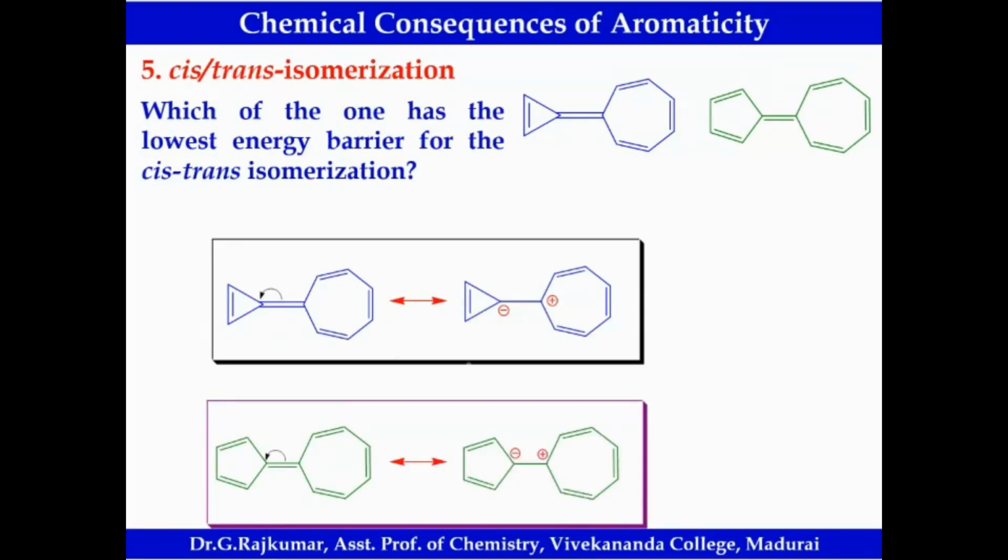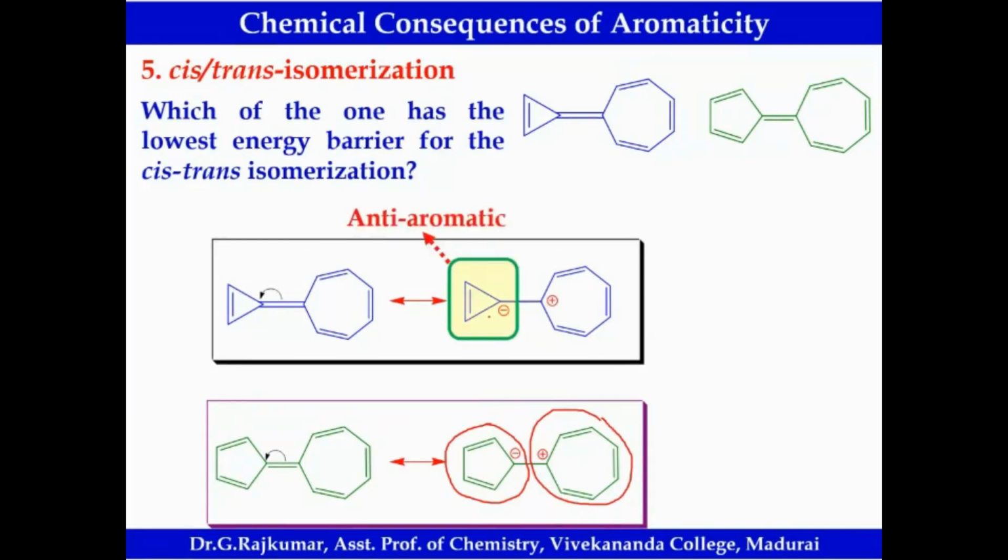Then predict the stability of these two, which gains stability after displacement of electrons. Second structure. This part is also aromatic, and this part is also aromatic. Not structure 1, because this is anti-aromatic, a cyclopropenyl anion.